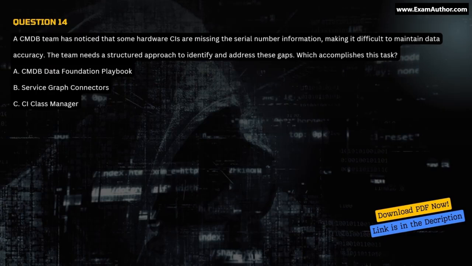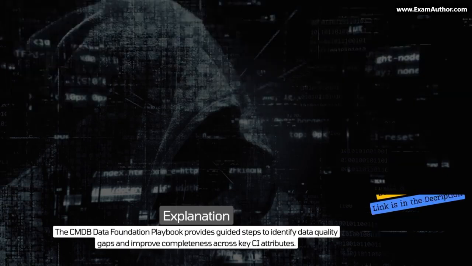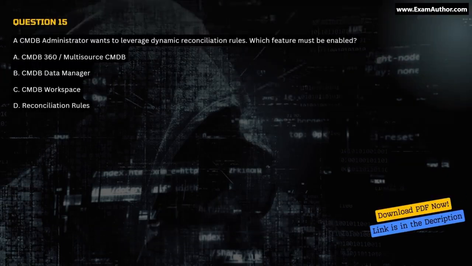C. CI Class Manager. Correct answer A. CMDB Data Foundation Playbook. Explanation. The CMDB Data Foundation Playbook provides guided steps to identify data quality gaps and improve completeness across key CI attributes.